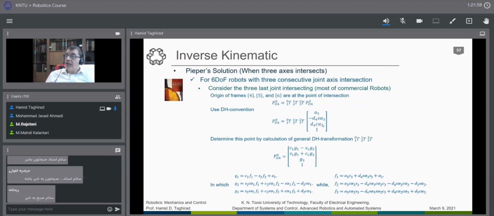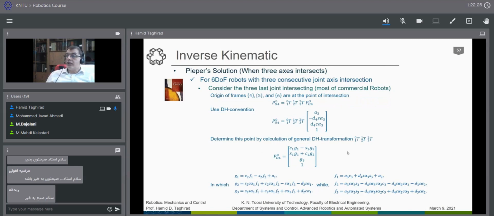Here you can see there are some fixed parameters given, relating to the geometry of the robot, and this is multiplied by these three angles, Q1, Q2, Q3. This gives us the position, and we try to solve that quite simply. How can we do that?